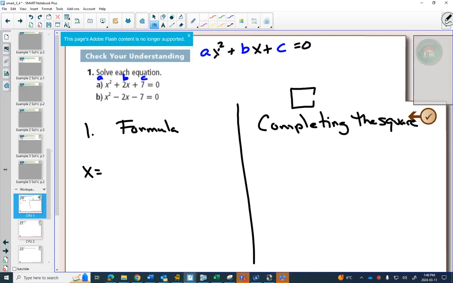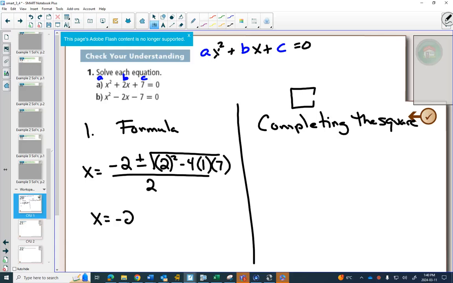Okay, so now I go to my formula. Negative b, negative 2, plus or minus b squared, which will be 2 squared, minus 4, a is 1, and c is 7, over 2. And we simplify this, we get negative 2 plus or minus the square root of 4 minus 28.